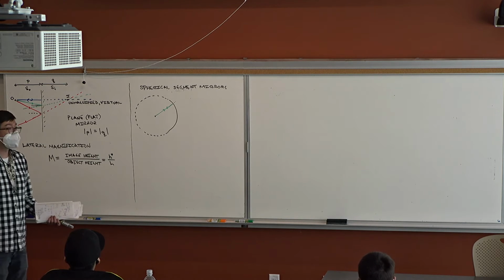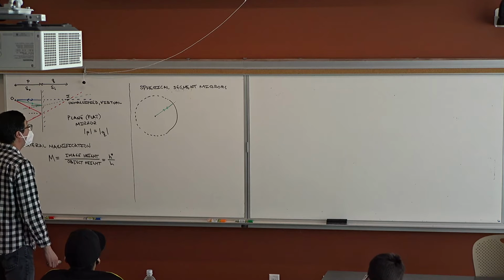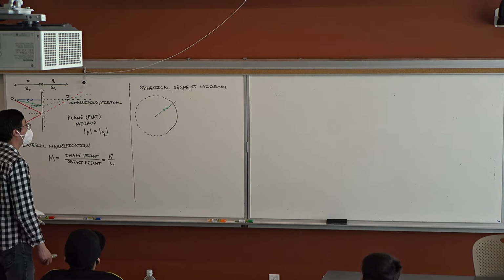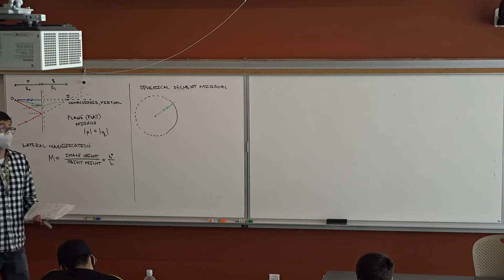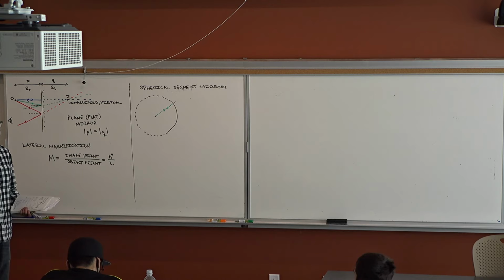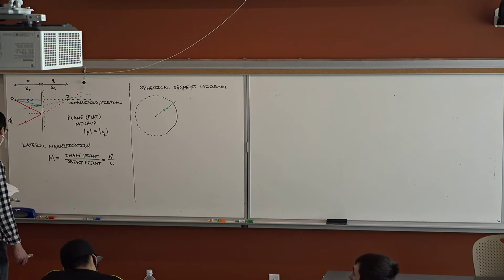Because something that passes through our center and strikes the surface of a spherical mirror is a radial line, right? And the radius is perpendicular to the mirror surface. So in this scenario, each ray will go back where it points from. That's okay?